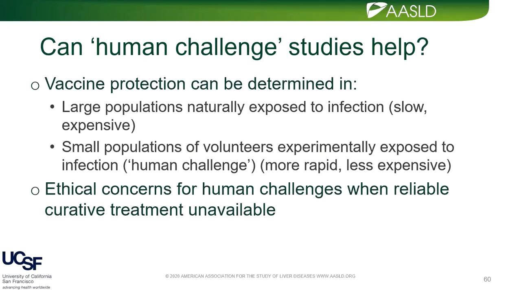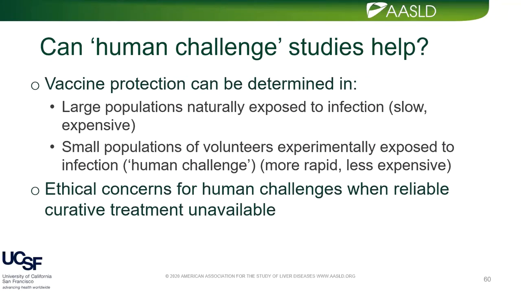Next slide. Now, what about an alternative? What about the so-called human challenge infection model? As I mentioned earlier, vaccine protection, efficacy in particular, can be determined in large populations naturally exposed to infection. That's slow and expensive.